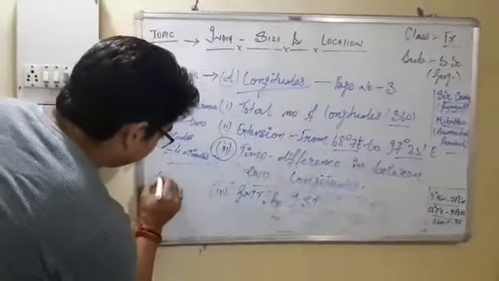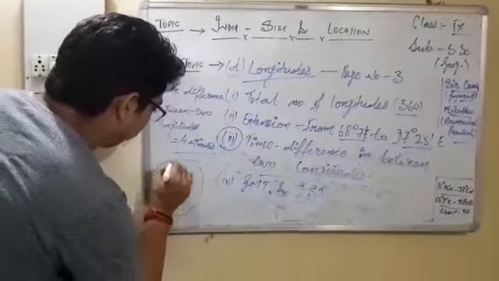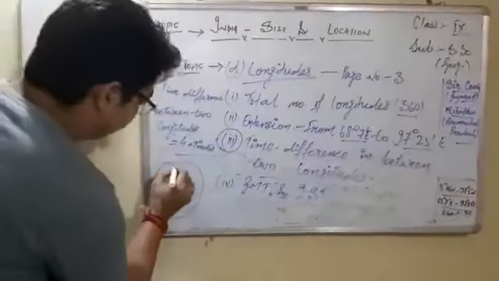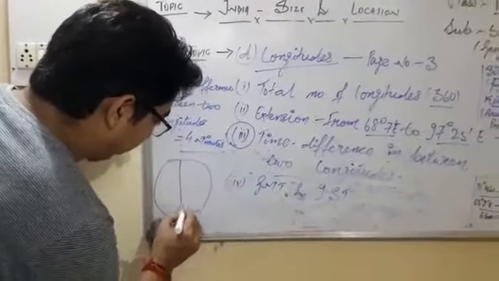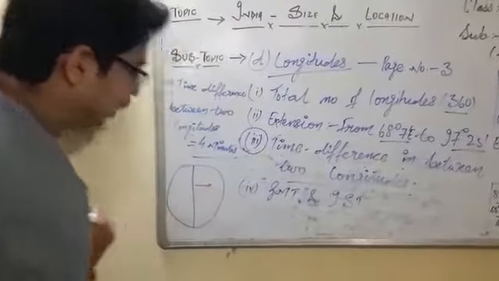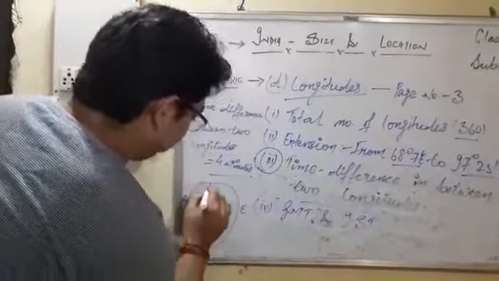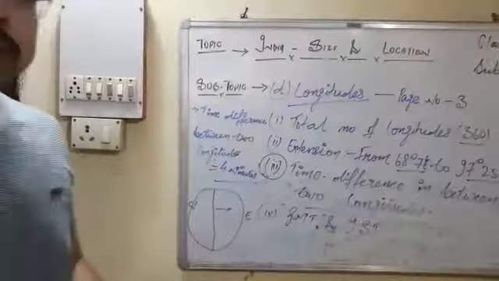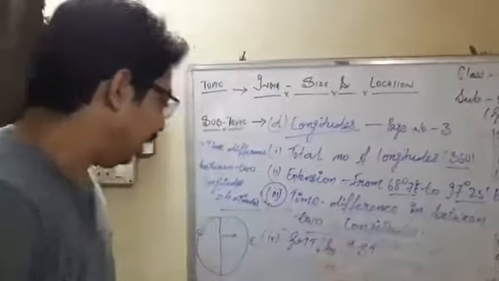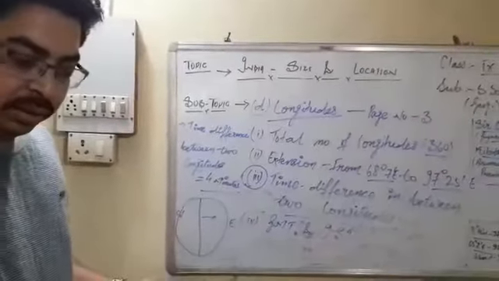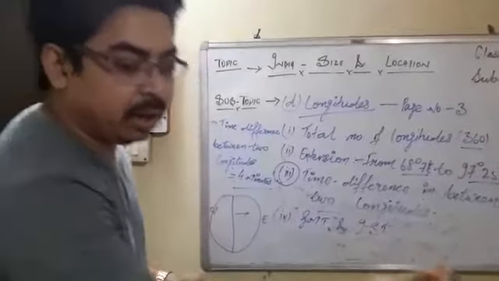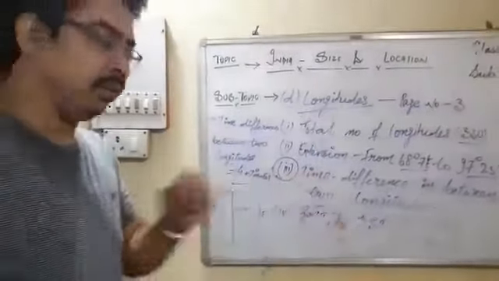Now if we go through our own Earth, here we see India is on the east side. This is east and this is west. So the 0 degree longitude, or what we call GMT, Greenwich Mean Time, bisects our Earth into the Eastern Hemisphere and Western Hemisphere.